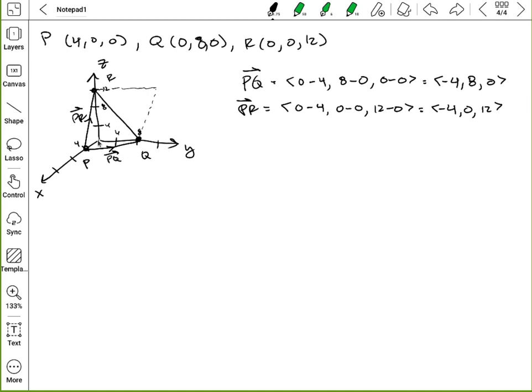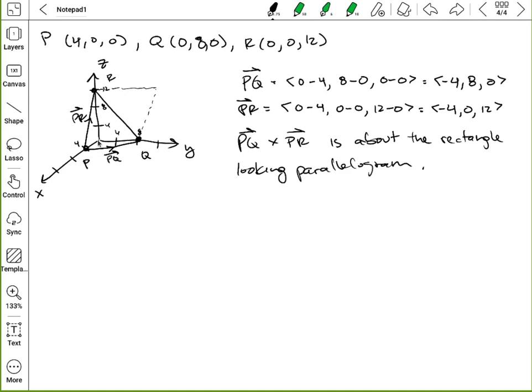So the parallelogram formed by PQ and PR would be this whole thing. And the web work asks you about this triangle, which is just half of it. So PQ cross PR is about the rectangle-looking parallelogram. And we just divide by 2 to get the area of the triangle.